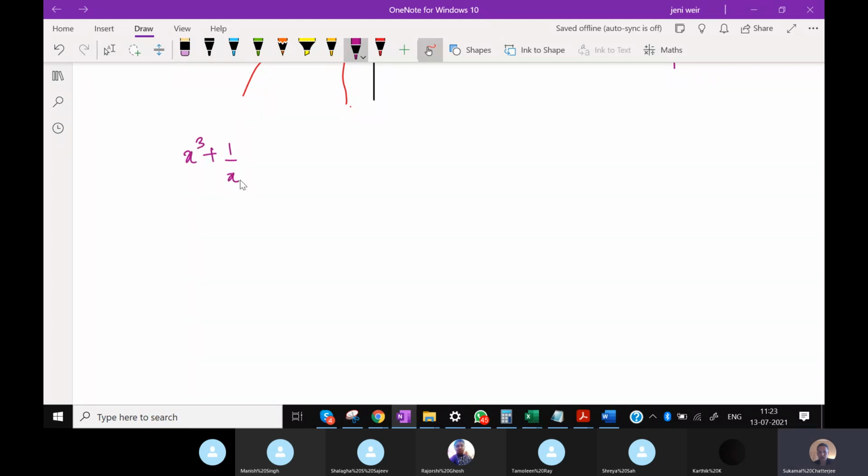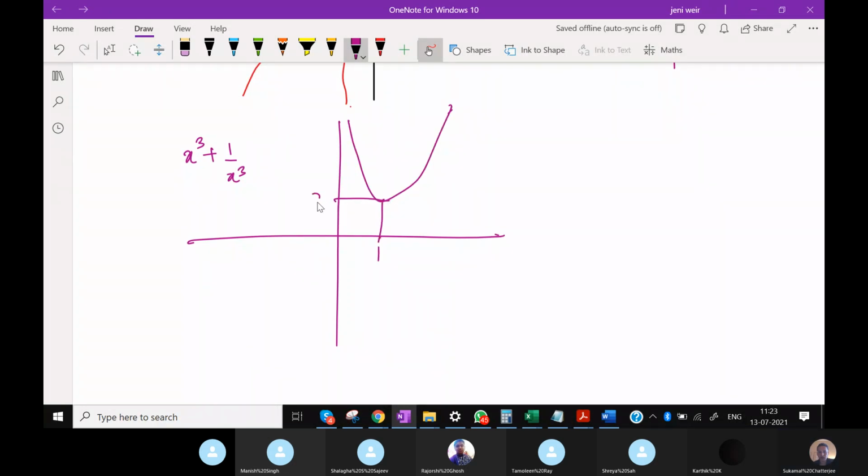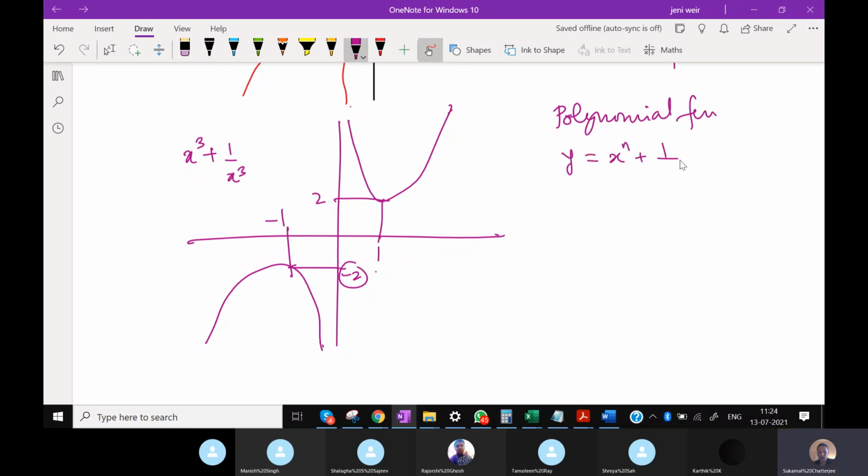Now, if I have x cube plus 1 by x cube, here again the function can exist in both the first and the third quadrants. So if it is a polynomial function, y equal to x to the power n plus 1 by x to the power n, then the graph will exist in the first quadrant if n is even.